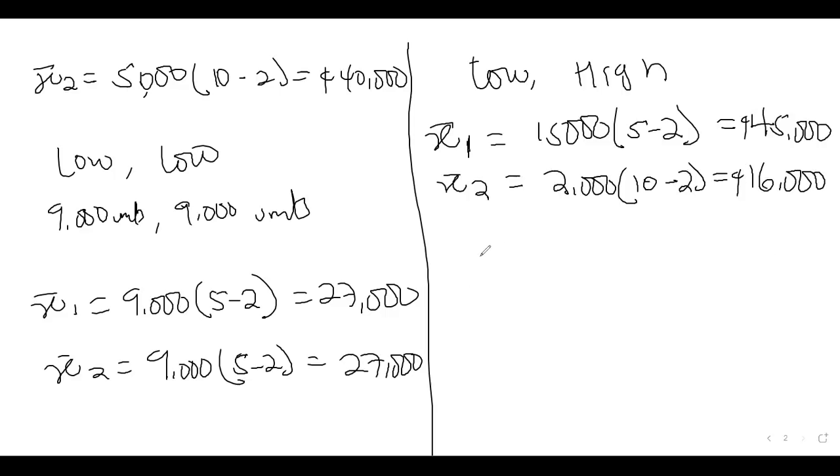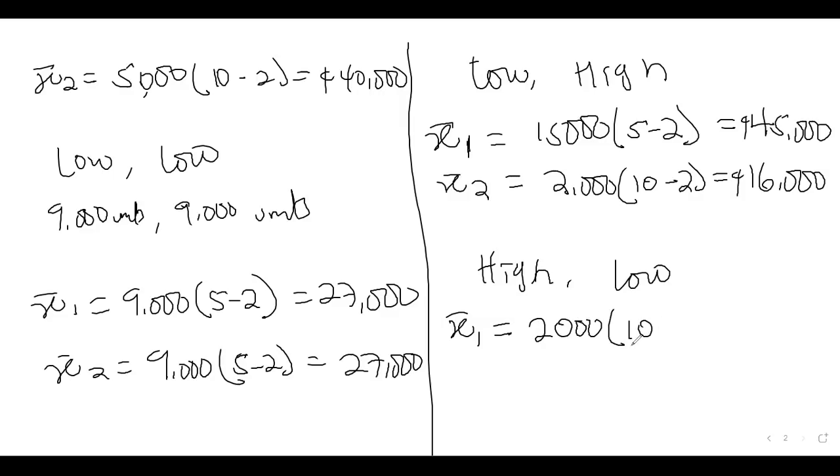Now let's finally end with high and low. High and low. So here, we can clearly see that if firm 1 sets high, he will now be the one who will get the output of 2,000, okay?